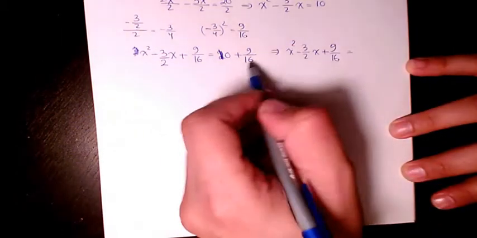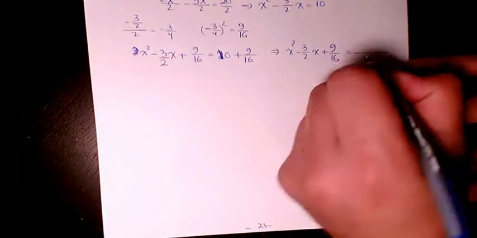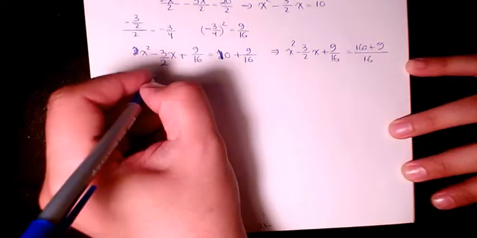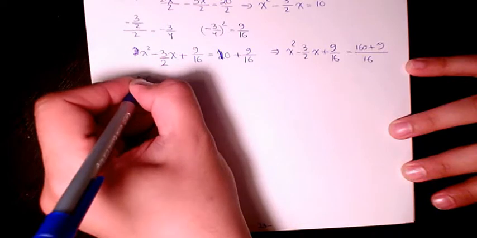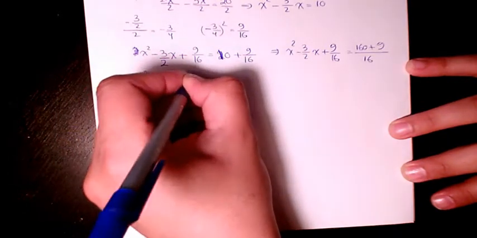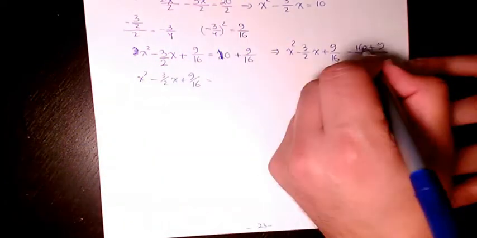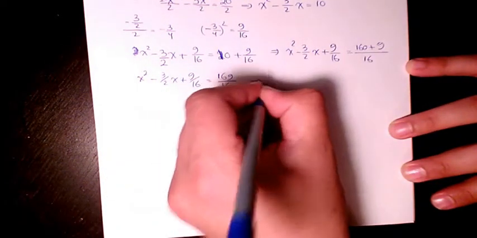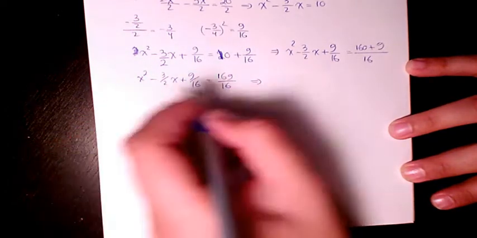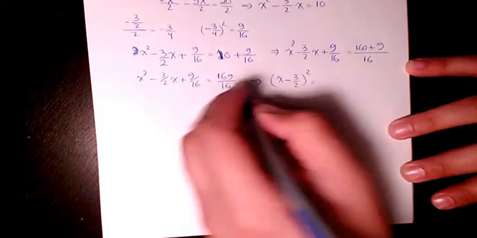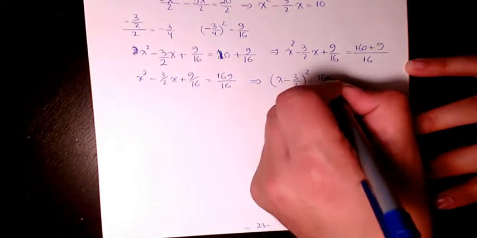And on the right we use the common denominator: 160 plus 9. Therefore it will be x squared minus 3 over 2x plus 9 over 16 equals 169 divided by 16. Here we have a perfect square, so it will be x minus 3 over 4 to the power of 2, and here we have 169 over 16.